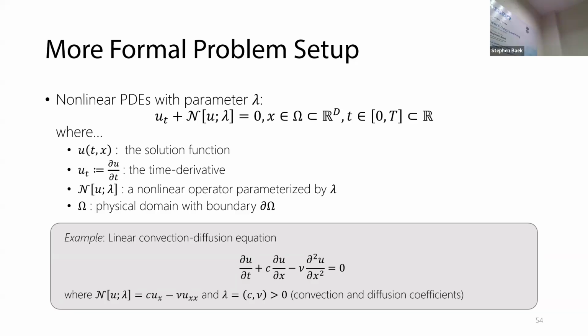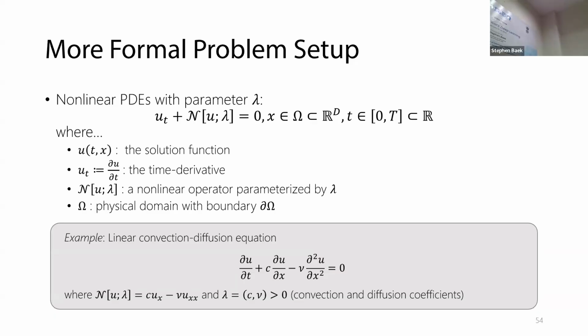Oh, actually, one thing I forgot to mention is that there are some PDEs where we have the right-hand side comprised of some function, which is called the control input. So in robotics, for example, the right-hand side typically indicates the control input coming from the motors or some other actuators.